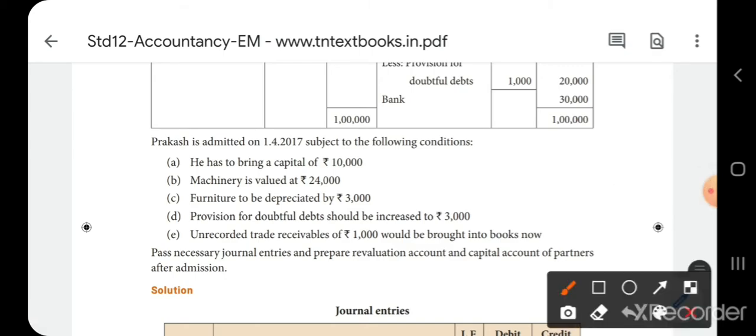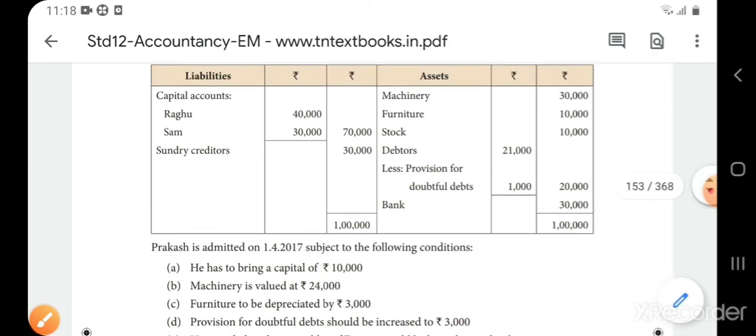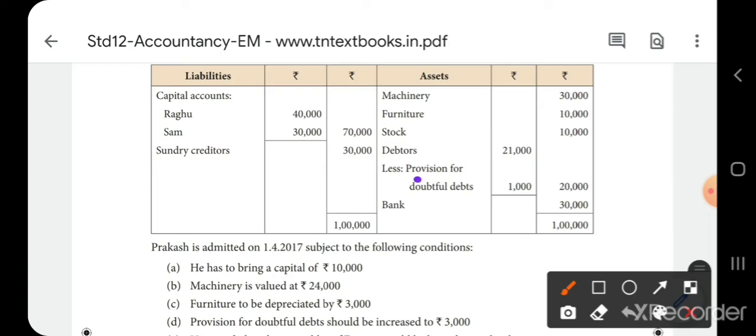fourth adjustment. Provision for doubtful debts should be increased to 3,000. Now earlier in your balance sheet the provision for doubtful debt is 1,000. Now after the admission of the partner, this provision of 1,000 is increased to 3,000. So when it is increased, what happens?